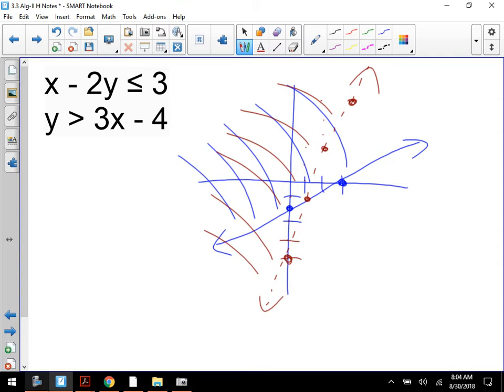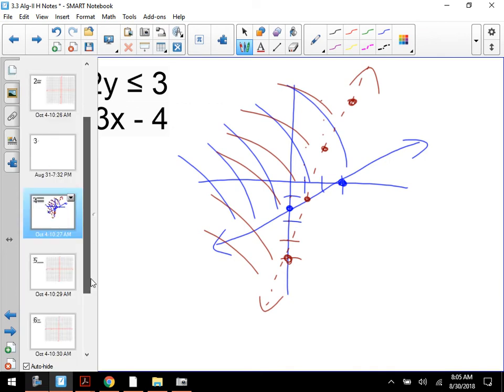It's kind of like testing the point that you are using to start. You always pick something that's not on the line, because if you're on that line, you're on the division spot of the half plane. Remember how we talk about half plane? So that's why we don't choose the point on it.